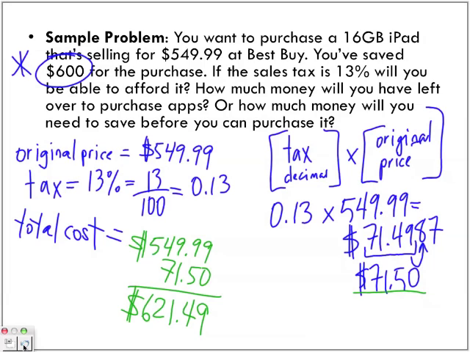So how much more do I need to save? How do I figure that out? Subtract the total cost from the money you saved. Exactly. So I'm going to take this value of what the iPad costs with tax, and subtract 600 from it. What will I get, Gabriel? 21.49.